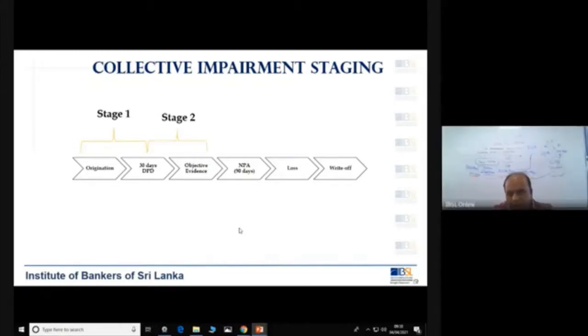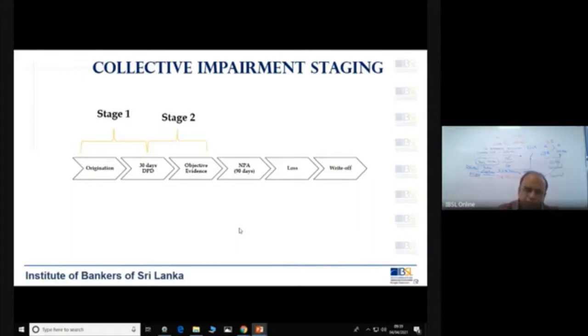Right. So that's why we are looking at stage 1. Stage 1 means we have just given the loan, but we are not sure whether this customer will pay or not. It doesn't matter. Accounting says, since you have given a loan today, from day 1 there is a risk. The concept of impairment is just to minimize the risk. It's a risk management approach. If you wait till the loan goes bad or to the position where you need to write off, the amount could be very huge.